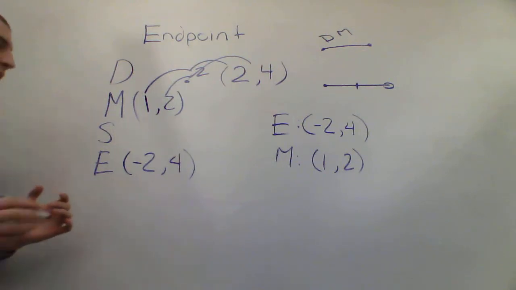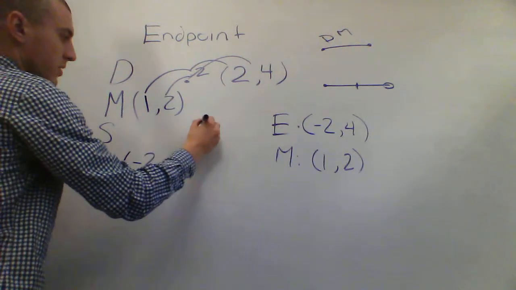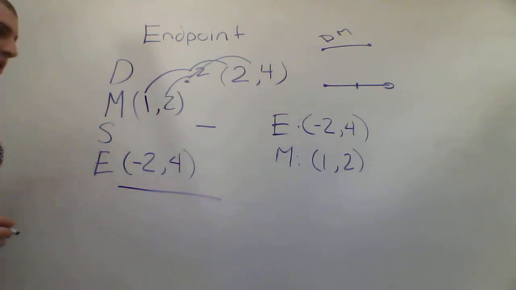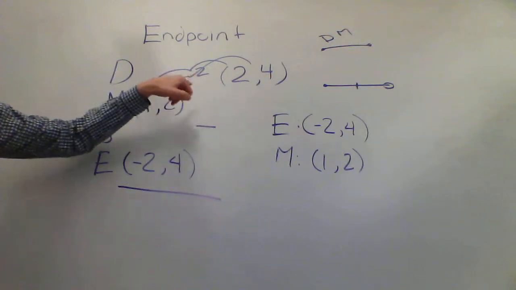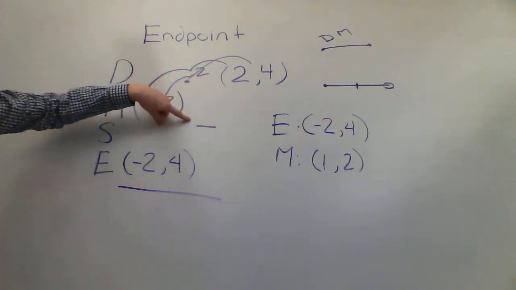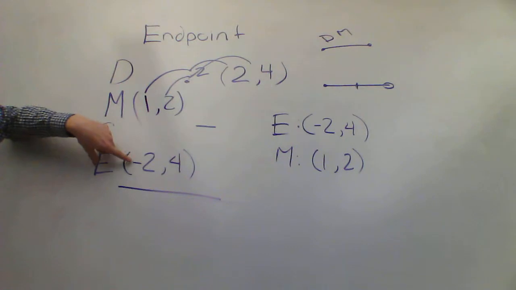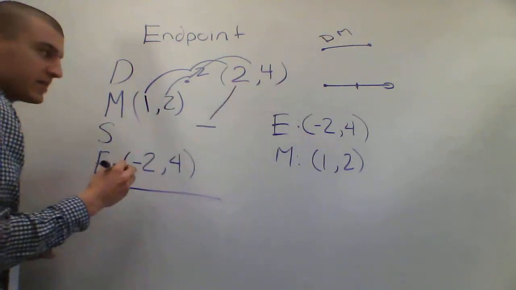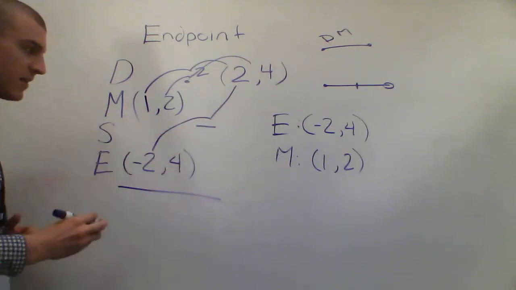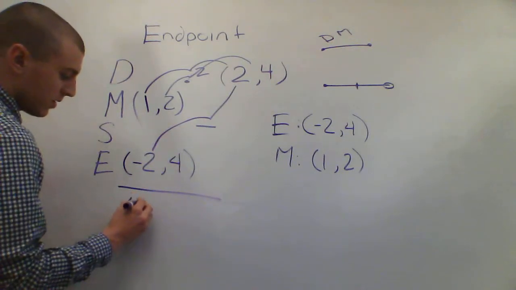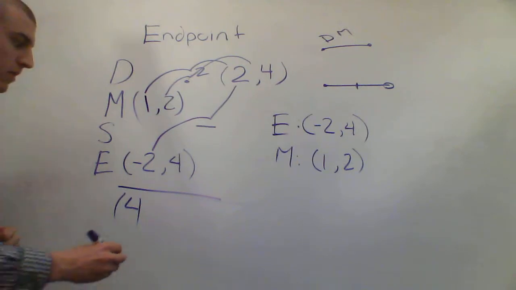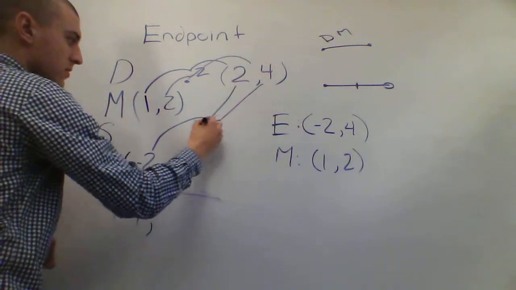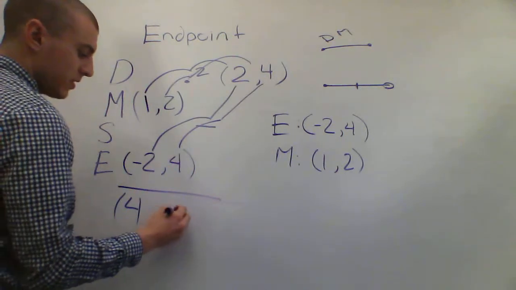Next, we are going to subtract our endpoint. Now, it becomes important to touch each of these. So you say 2 minus whatever number is down here, because you're dealing with negative numbers. Ready? 2 minus -2 is +4. Then we have 4 minus 4 is 0.